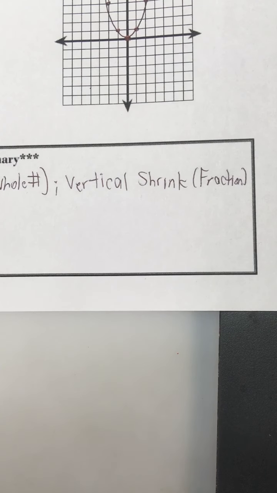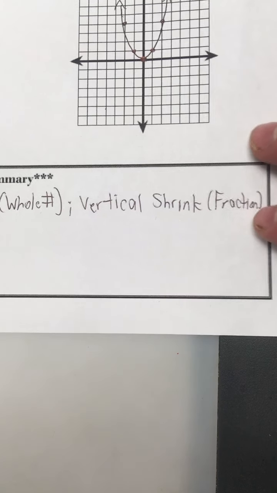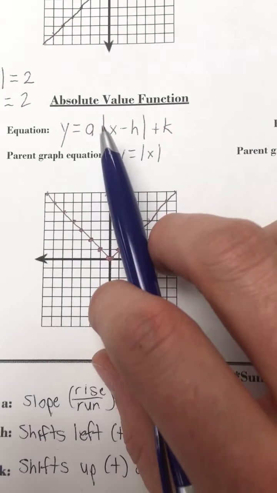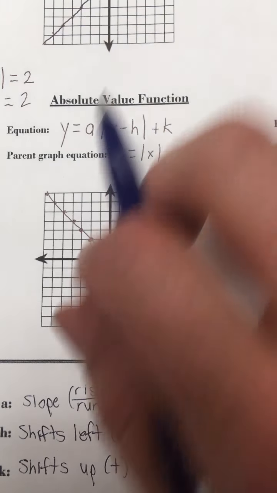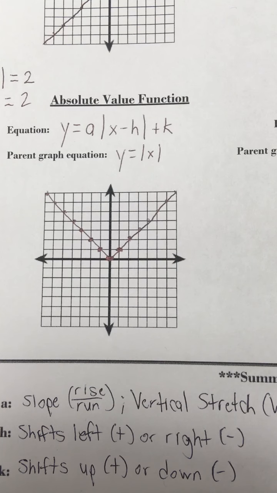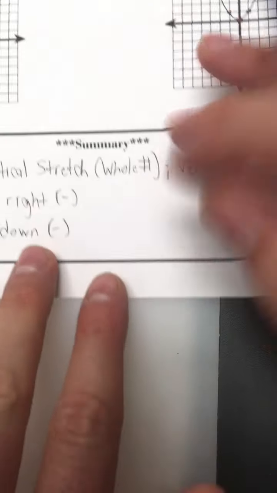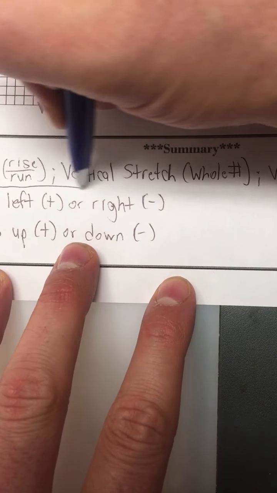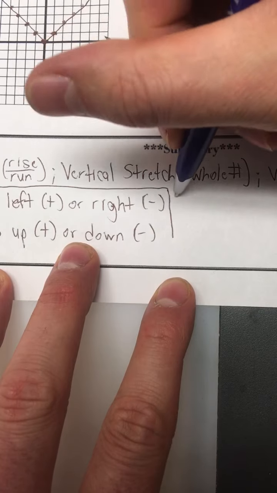And then one other thing that can happen, all right, sometimes you could have a negative in front. If that a value is a negative, what do you think a negative in front of the equation would do to the whole graph? It would flip it over. So one other thing, and I want to just make sure we're including this in the a value, so you might want to just draw a line here so you don't get separated.